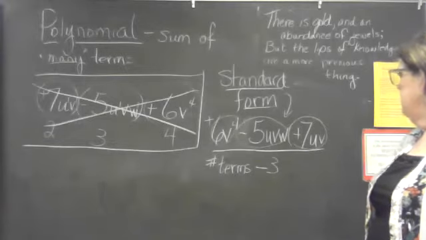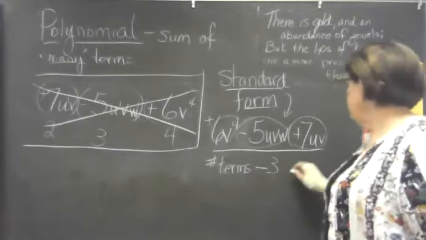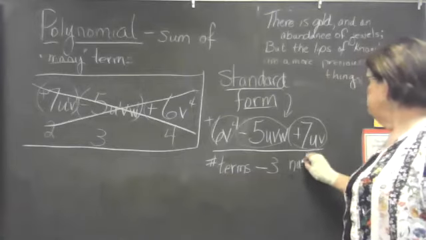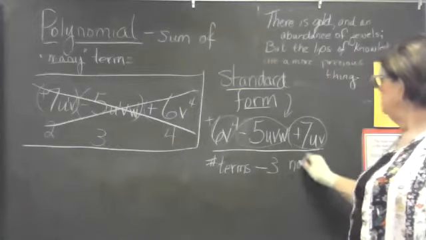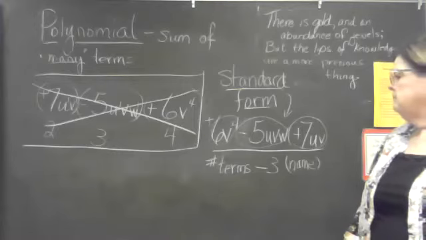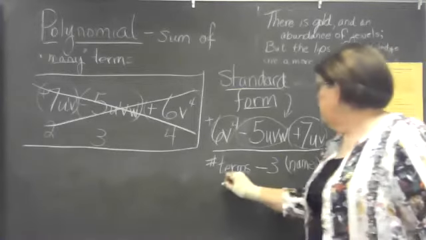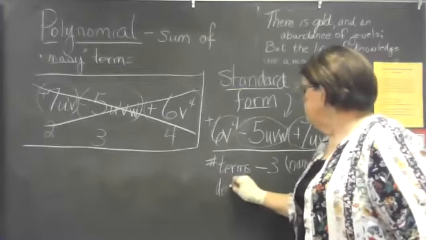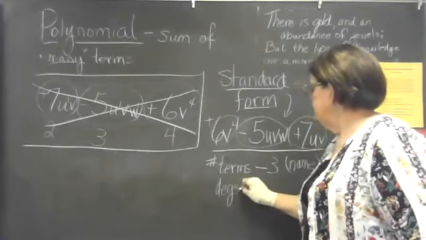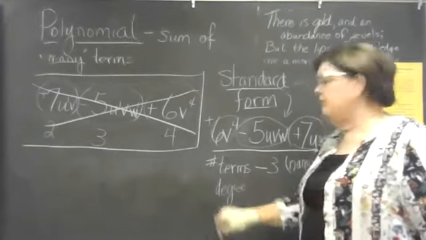Then they will probably ask you what the name is according to terms, and we're going to do that in a minute. I'll list those for you. And then the next one, they will ask, what is the degree of this polynomial?